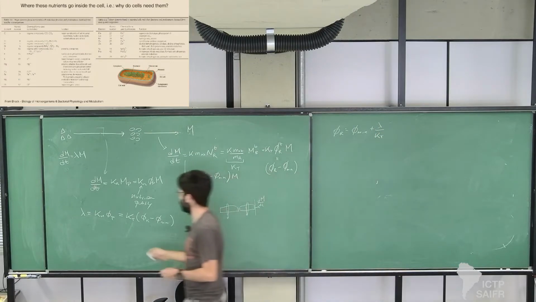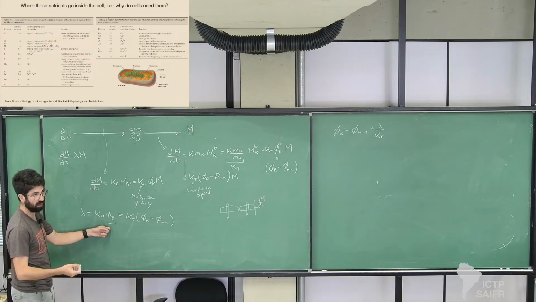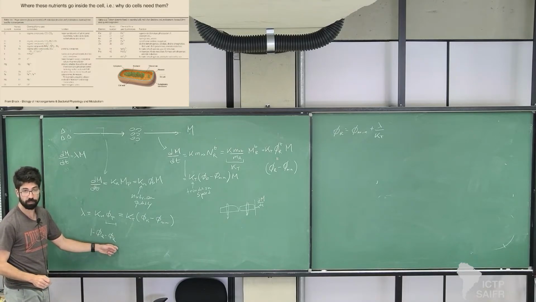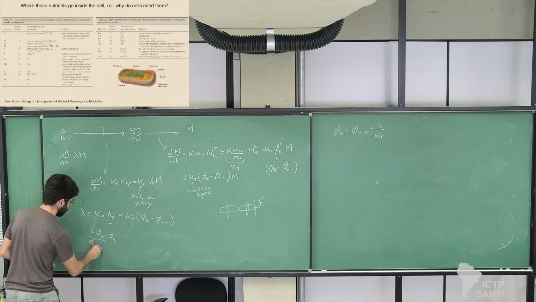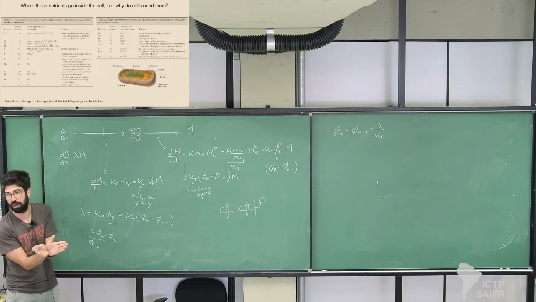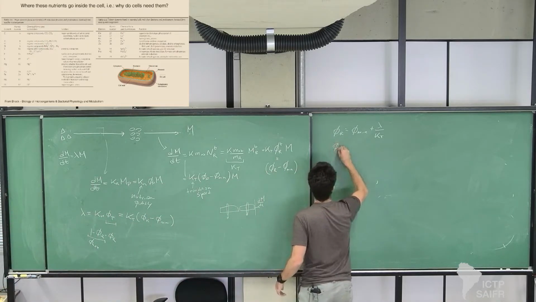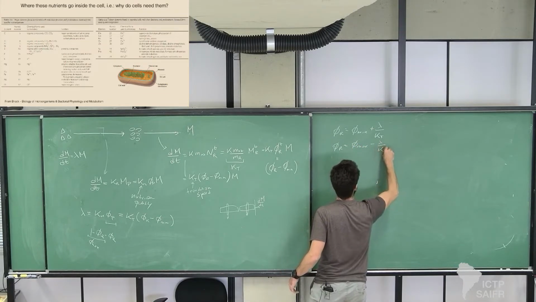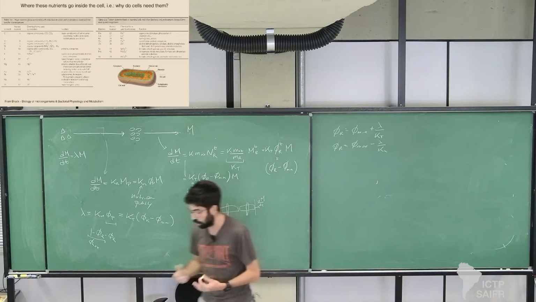And then using what I know about the conservation of the sector, I have that this is 1 minus phi q minus phi r by definition. So I can call this phi max, because this is the amount that you can go for ribosomes. And so I have that phi r is also equal to phi max minus lambda over Kn. Okay?